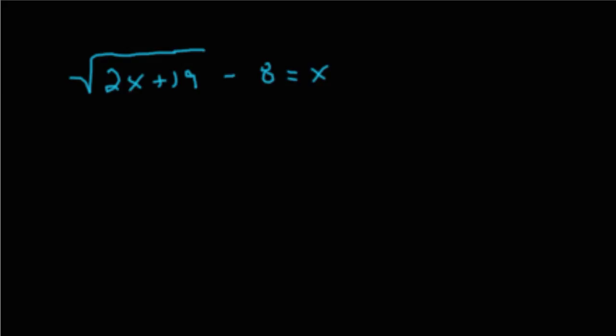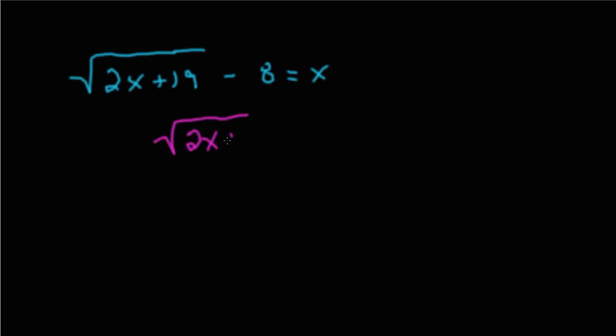So in this case, what we'll want to do is isolate this radical and have that equivalent to our x and our constant here. So we'll add 8 to both sides of the equation.